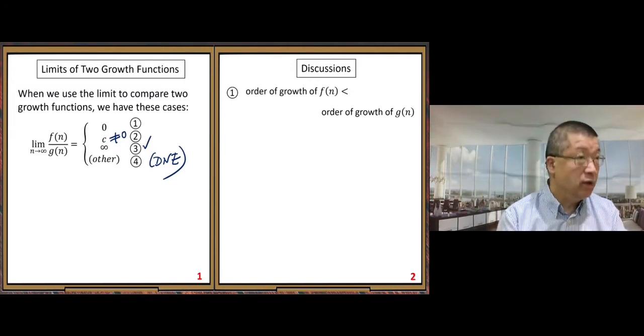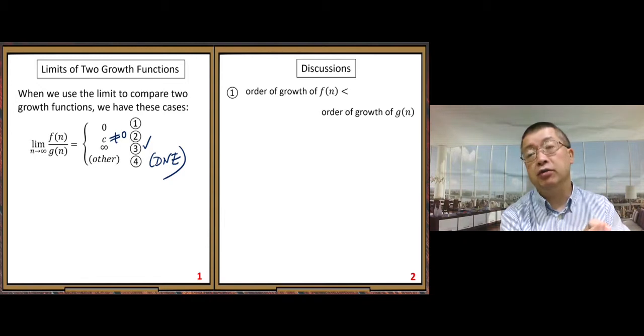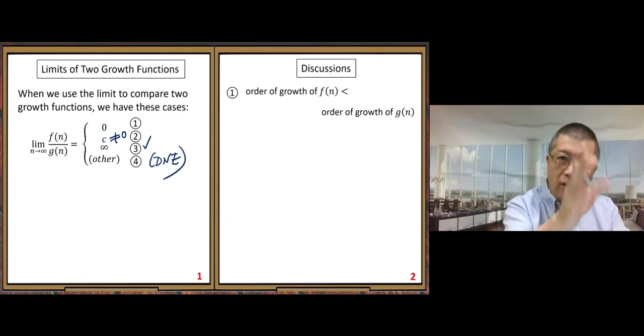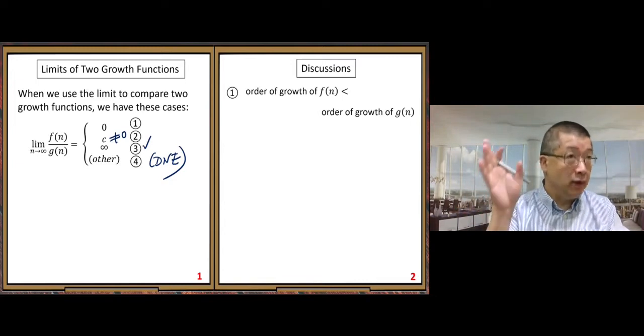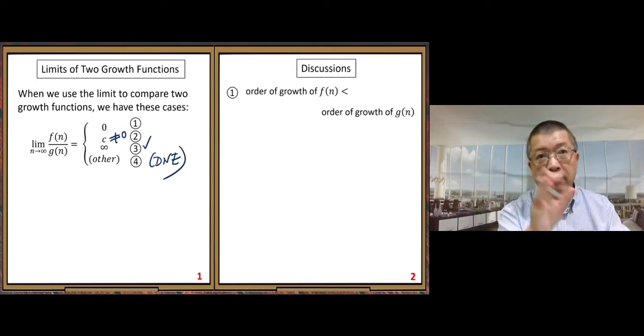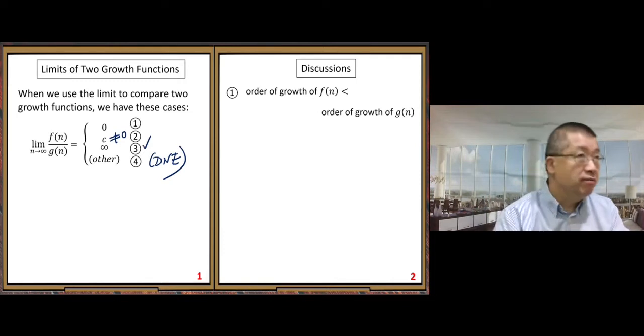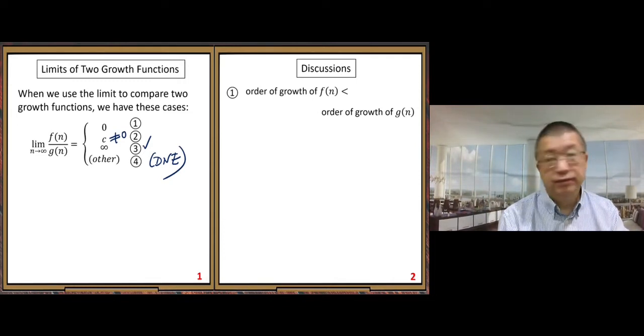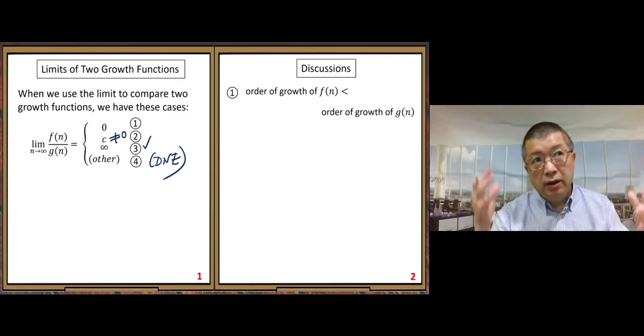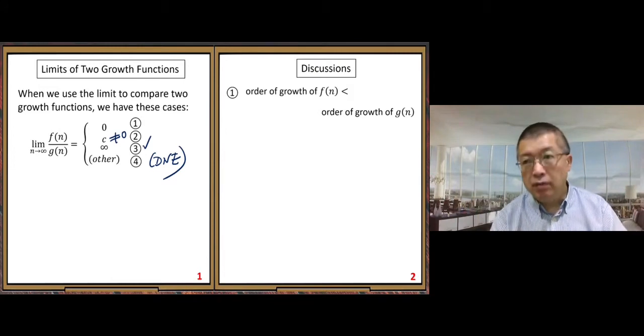The denominator function grows faster. So we say the order of growth of f of n is less than the order of growth of g of n. So we get a comparison result.